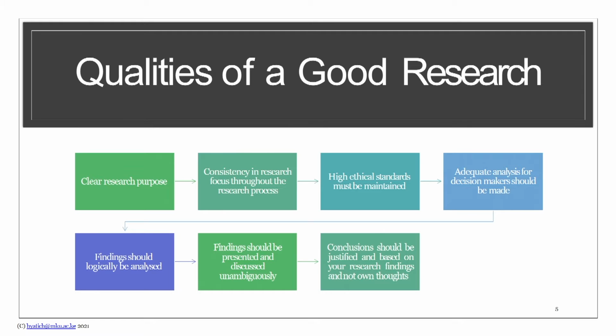So the moment you've identified your research problem and a thematic area that the research problem falls into in terms of the research title, you are invited to do a little bit of literature review.